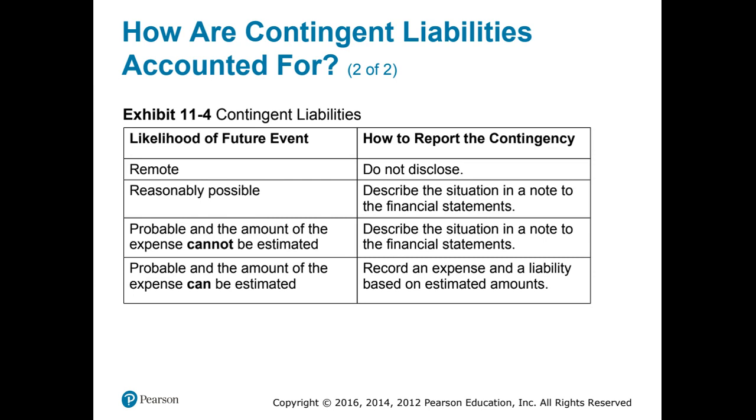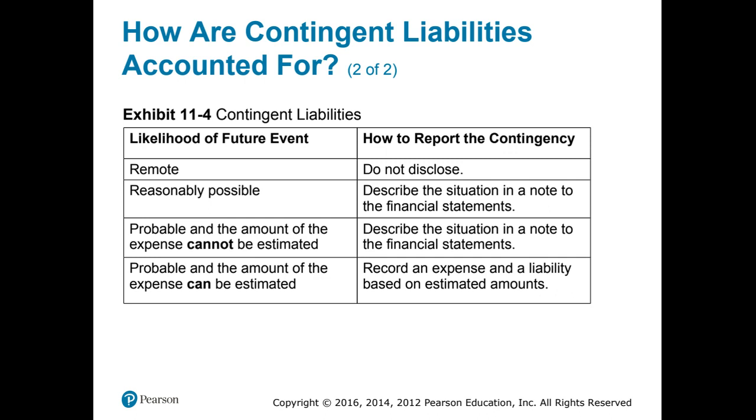A remote likelihood we do not disclose. We think it more than likely is not going to happen, or it's very unlikely, so we consider it, but we're not going to disclose it. Reasonably possible, we are going to report. We're going to describe the situation in a note to our financial statements.